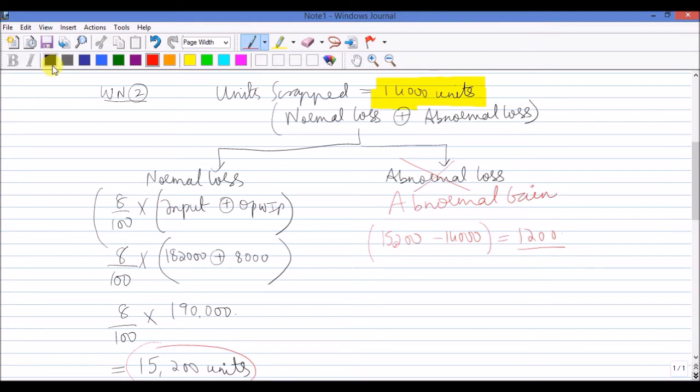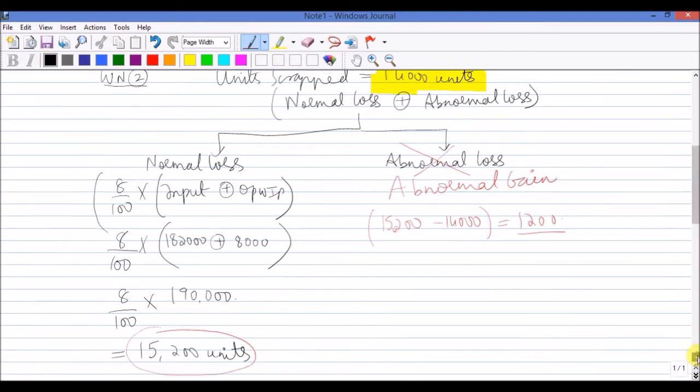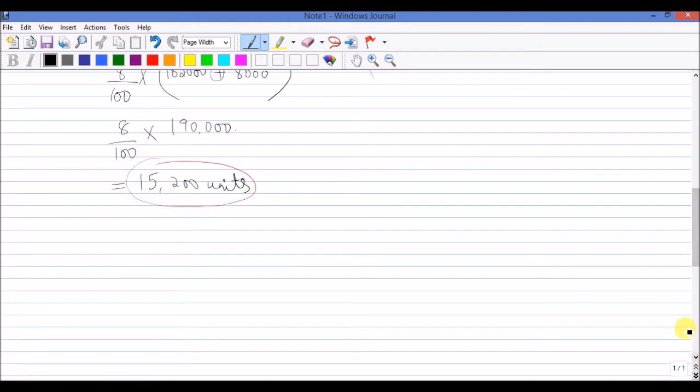If you want, I will also explain in some other manner. For example, I'm preparing a small process account for you all. In this process account I'm going to prepare quantity, and this is by normal loss.